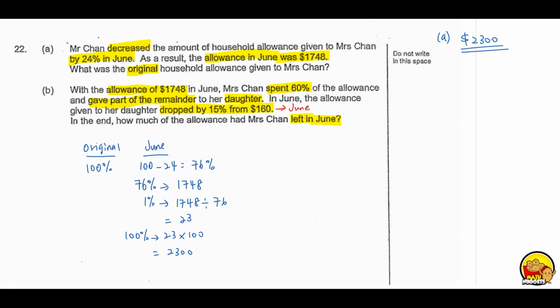So, okay, let's find out how much she spent first. So she spent 60% of the allowance in June. So 60% of the allowance, press the calculator.